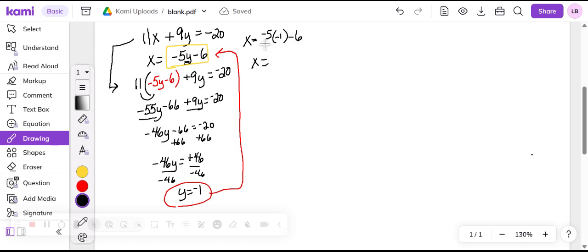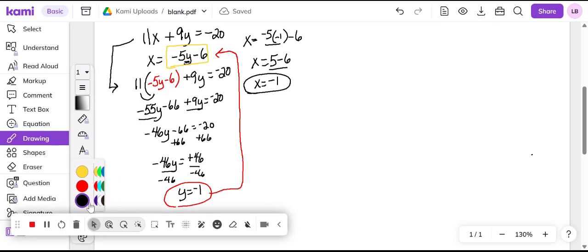Negative 5 times negative 1 is 5, and 5 minus 6 gives a value for x. So I have a value for x and a value for y that should make both of the equations true.